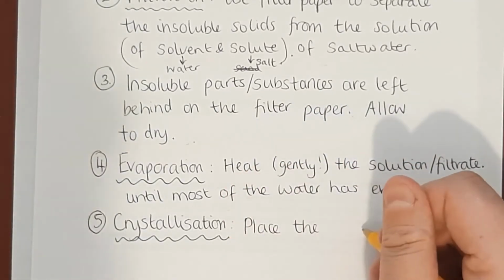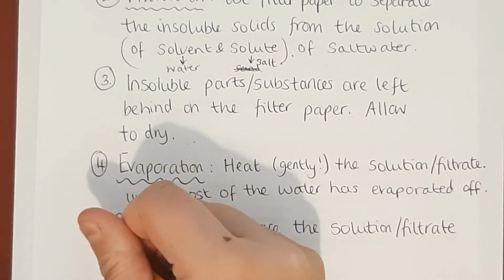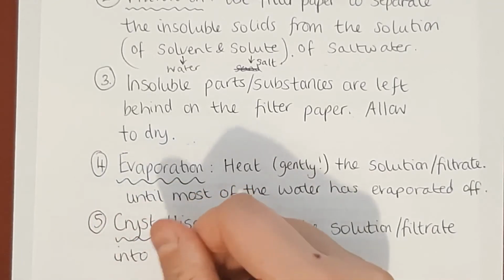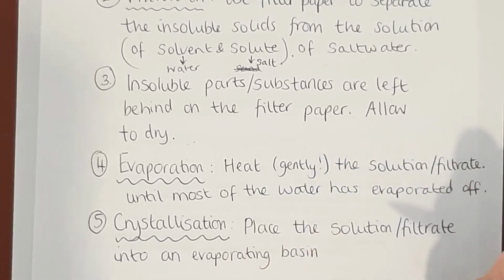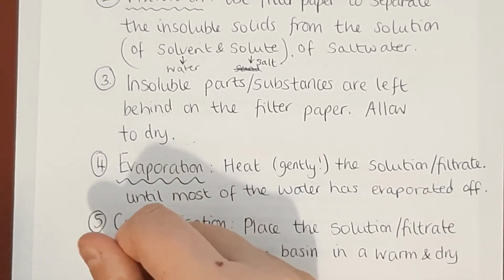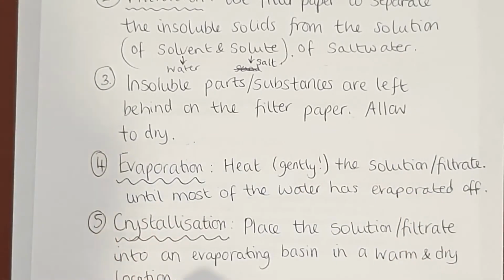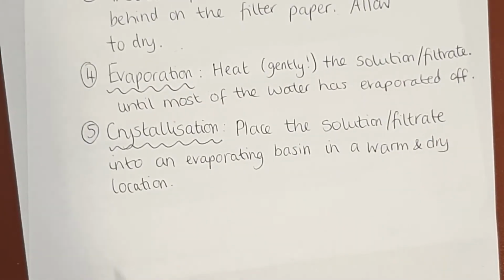So you can place the solution or filtrate, and we place it into an evaporating basin and place in a warm, dry location such as a windowsill or above a radiator. So what will happen here is that the remaining water will evaporate, leaving behind solid, ionically bonded salt crystals.